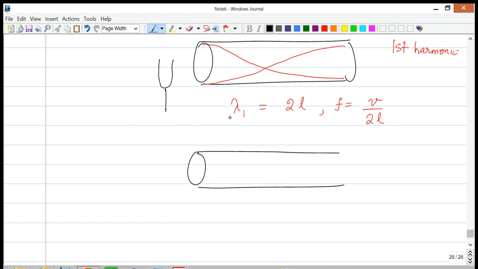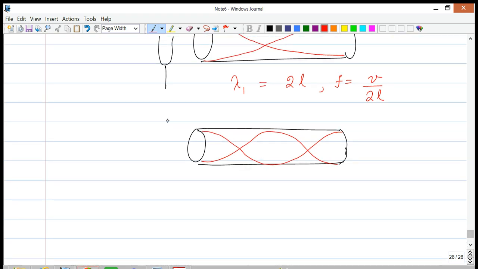For the second harmonic, once again I'm restricted to having antinodes at the two ends, so I'll have antinode, node, antinode. This is one complete wavelength. So my lambda 2 is equal to L, which is 2L over 2, as opposed to 2L over 1 for the first.